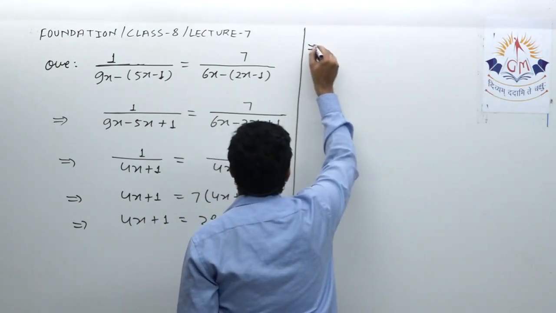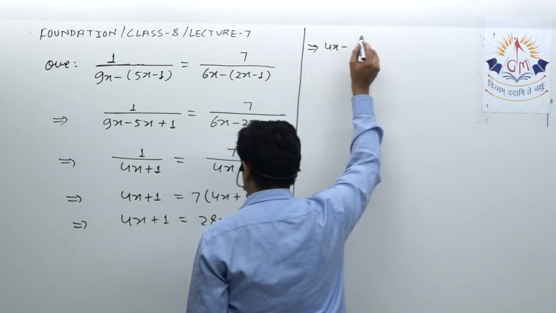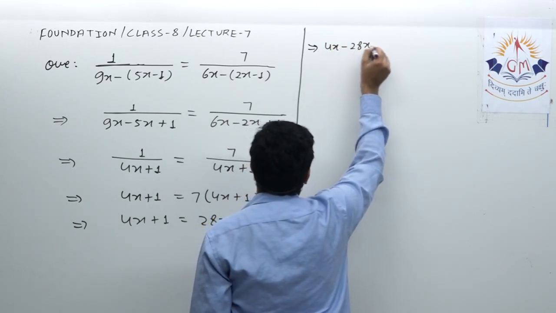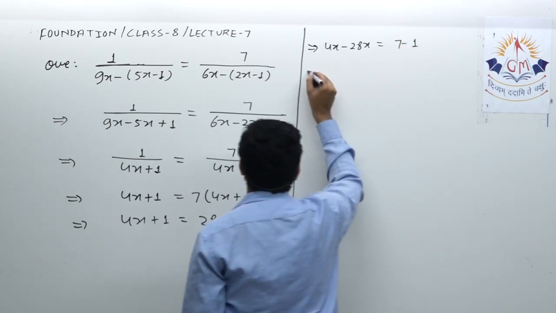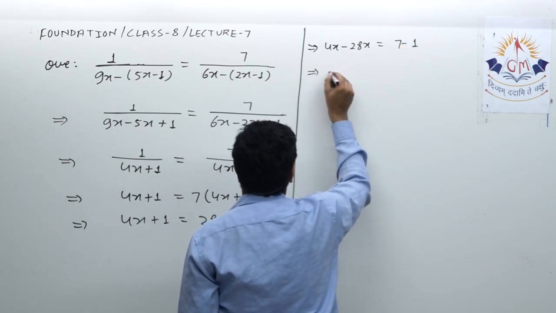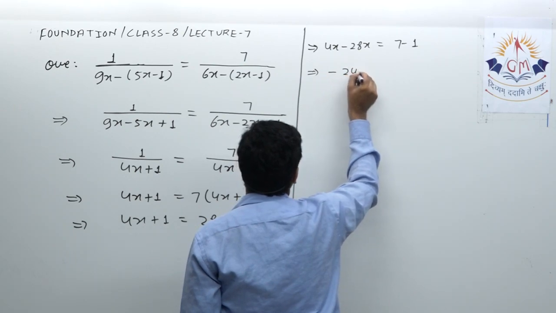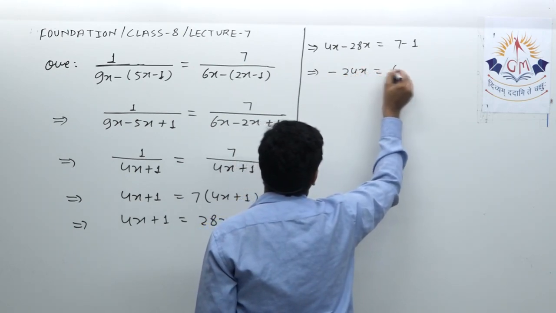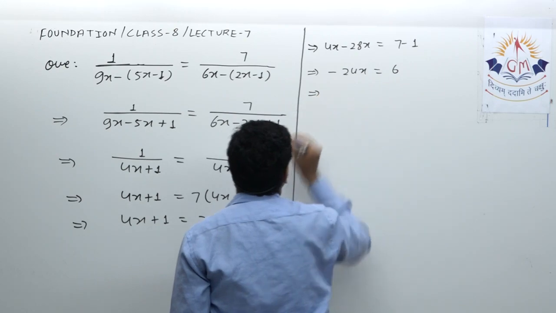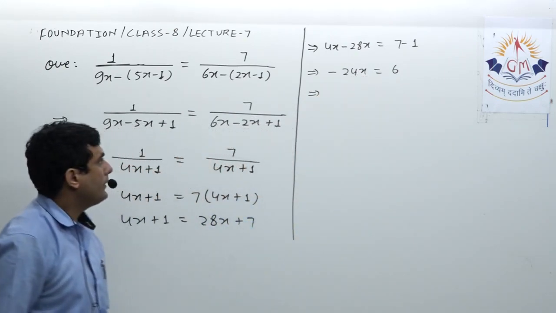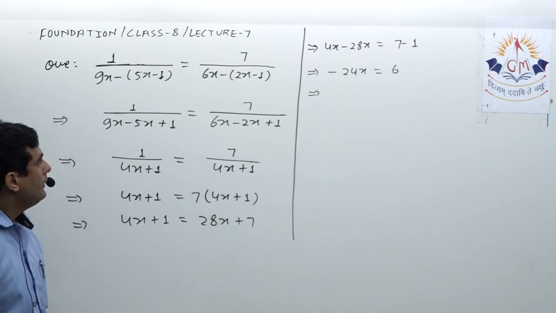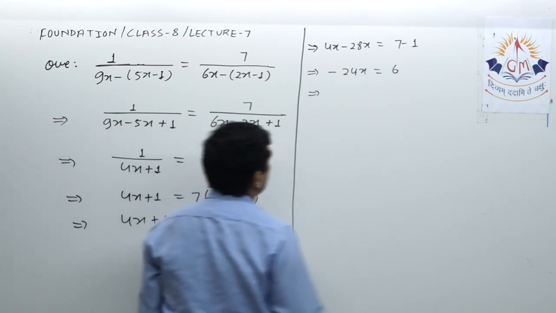Now 4x minus 28x is equal to 7 minus 1. So over here minus 24x is equal to 6. So 4x minus 28x is minus 24x is equal to 7 minus 1, that is 6.